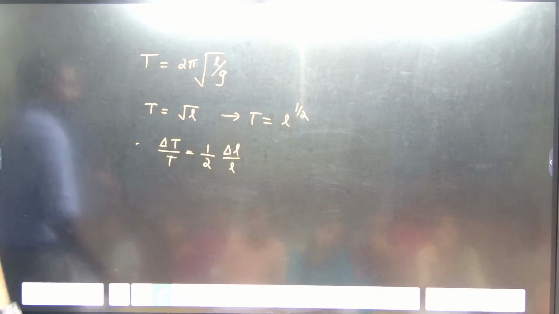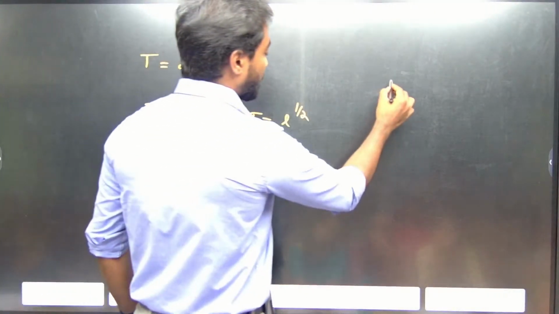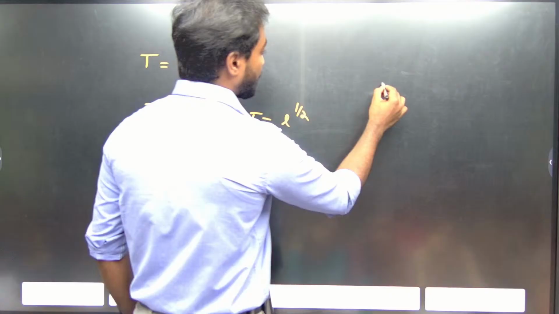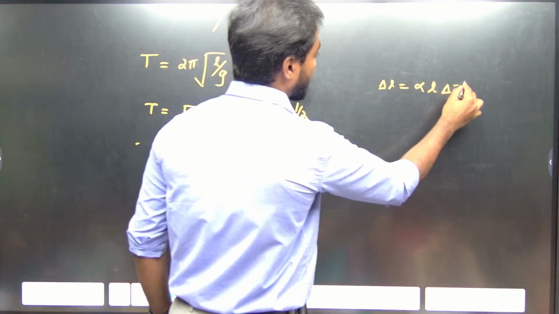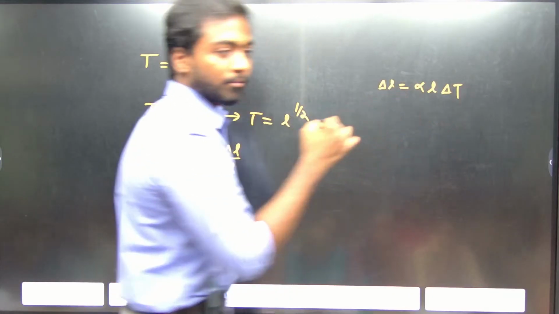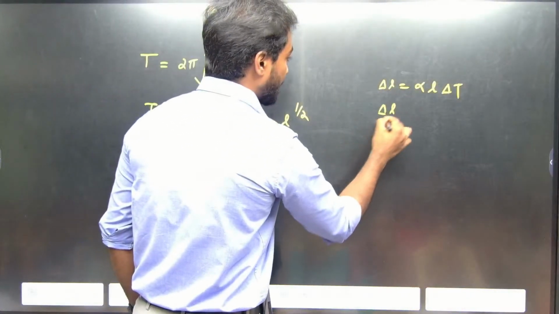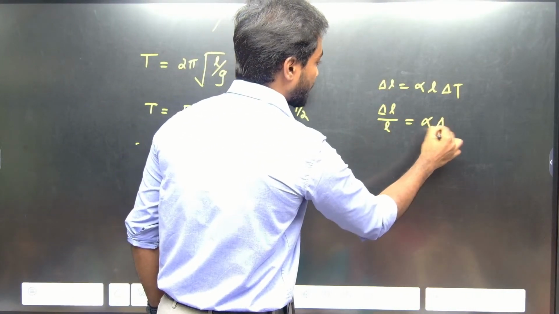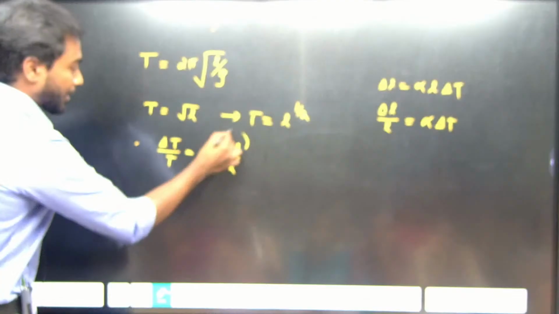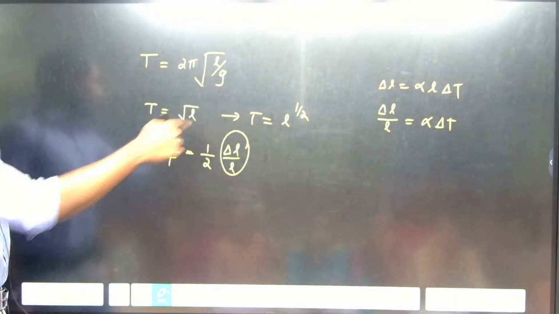Yes, no? Now for expansion, we have learned the formula delta L is equal to alpha L delta T, linear expansion. So in this, delta L by L will be equal to alpha delta T. So can I replace this with alpha delta T?